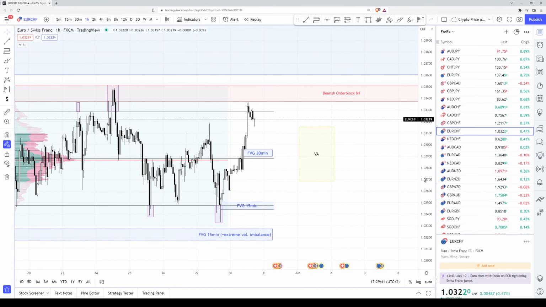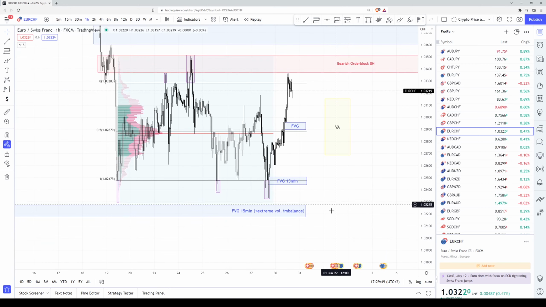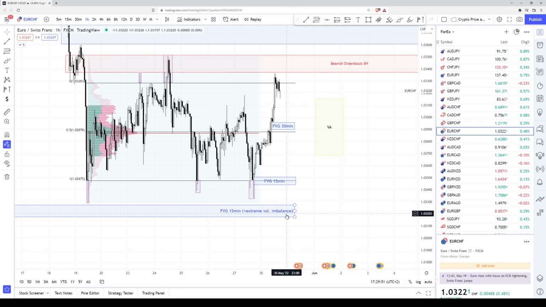and for a potential take profit I believe that the part around the point of control is a great one, and also even the part below this range, in particular because there is a fair value gap present with an extreme volume imbalance as well. So not just a volume imbalance, but even an extreme one.